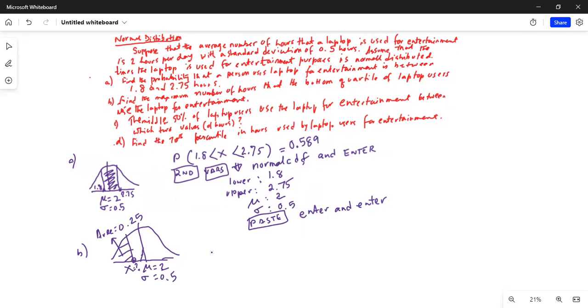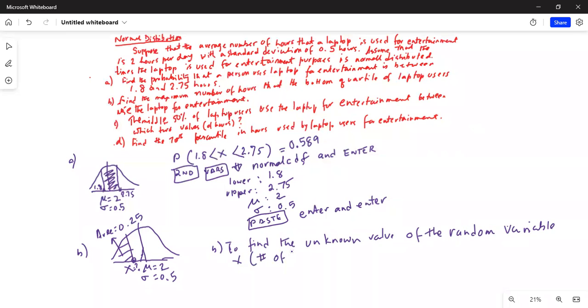So part B, to find the unknown value of the random variable x, which is number of hours, below which 25%, below which the area under the curve is 0.25.